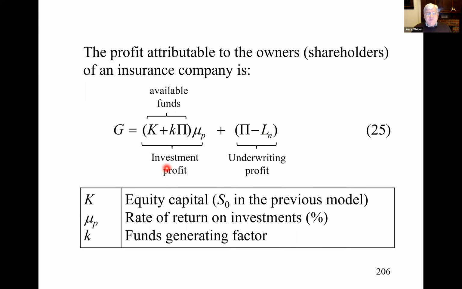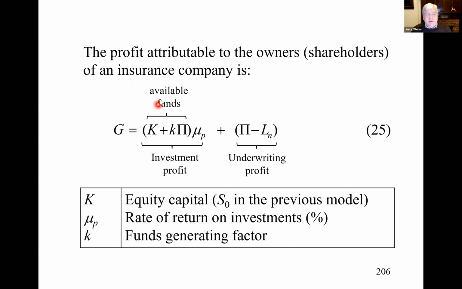And then we have the investment profit that I just mentioned before. So the available funds of the insurance company are the shareholders' capital. And then here we have something that's related to the premium income. And we use this funds generating factor. I will explain it on the next slide.